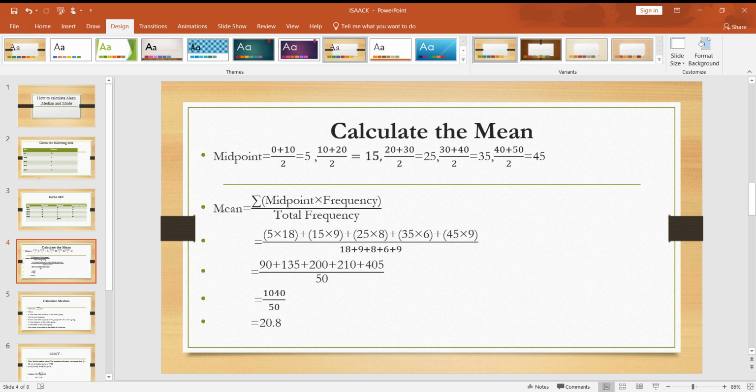Then, to calculate mean of group data, we sum the midpoint multiplied by the frequency, then you divide by the total number of frequency.